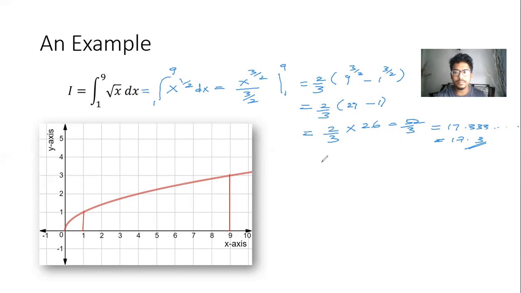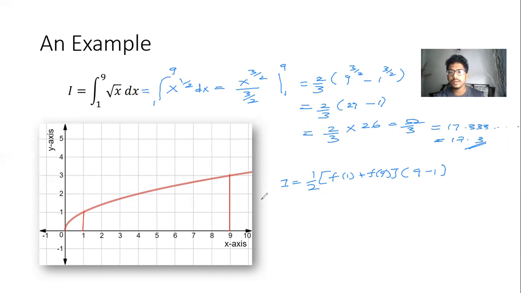Okay, now let's find this using the trapezoidal rule. So the trapezoidal rule says this integration I equals half into f(1) plus f(9) into 9 minus 1.